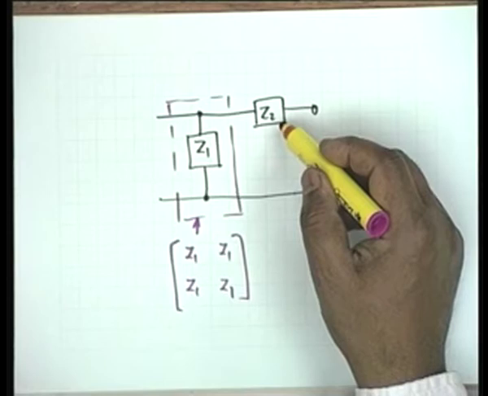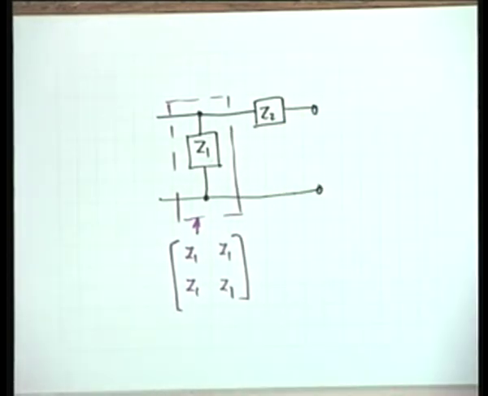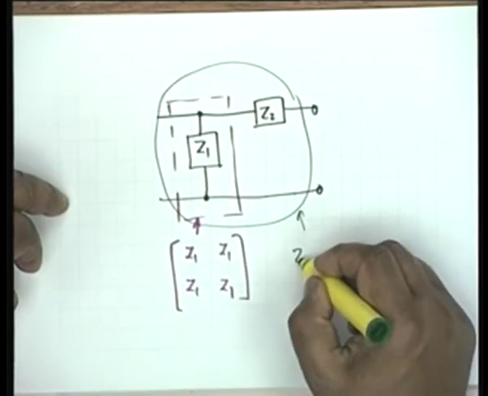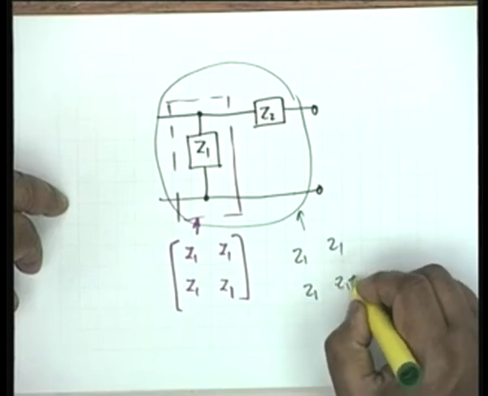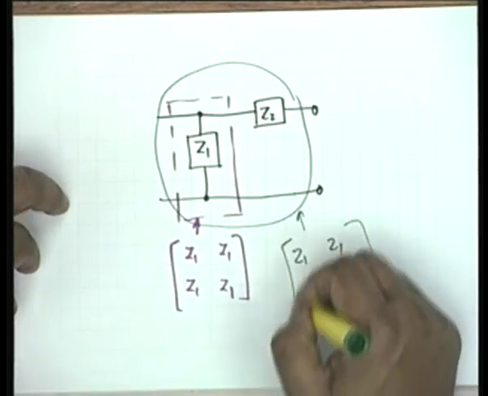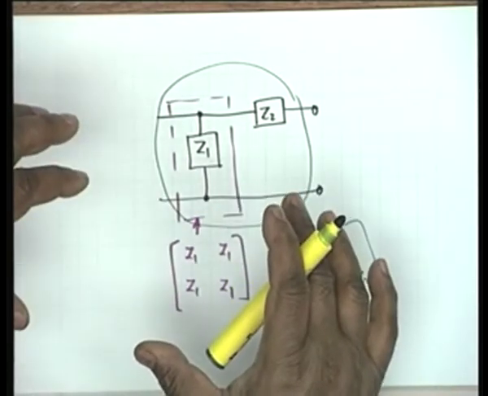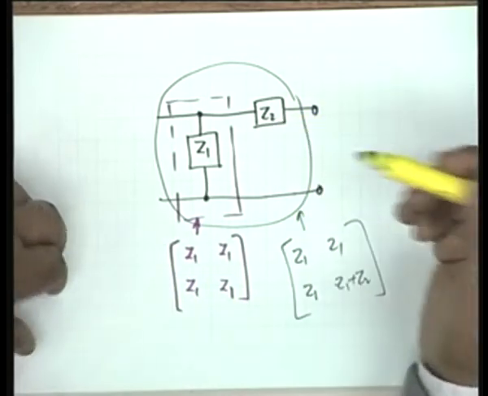It simply adds, and therefore the total network, now let me change the color, the total network therefore shall be, only thing that will be affected is Z22, so it is Z1 plus Z2 by inspection, no calculation, but this is a way of looking at it.